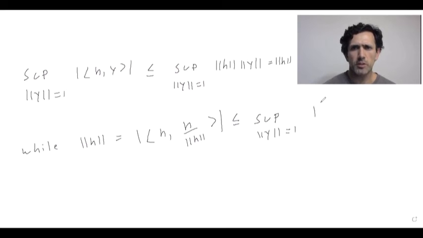The norm of H is sandwiched between the supremum and the supremum. Or rather, anyway, we have equality. And of course, we also have equality when H equals 0, since everything is just equal to 0.